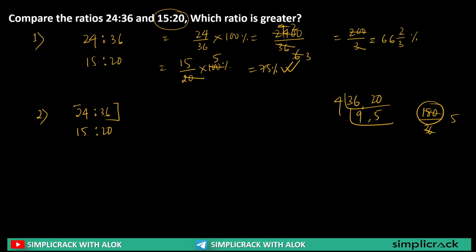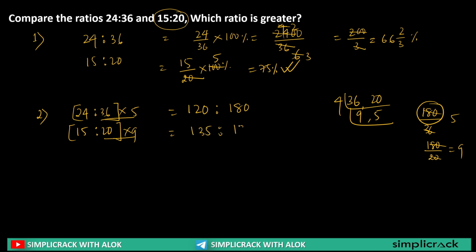So if I multiply 5 with it, and now here it is 20, right? So 4 5s are 20. So if I divide 180 by 20, I will get 9. So if I multiply 9 over here, my consequents will be equal. Let's see how. 24 multiplied by 5 is equal to 120 is to 36 multiplied by 5 is equal to 180. Sir, 15 multiplied by 9 is equal to 135.